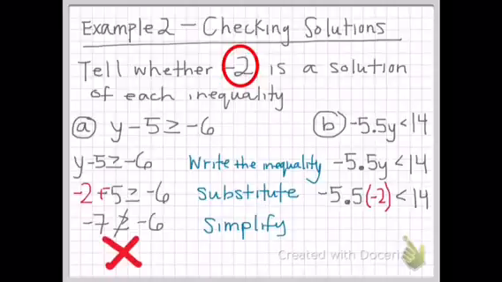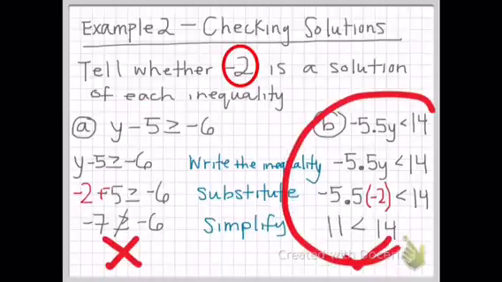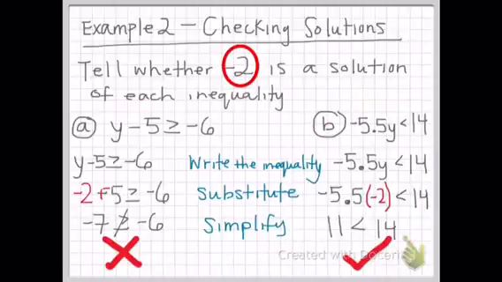Yikes. 11 is less than 14. Class, is that true? Yes, it is. So for A, negative 2 would not be a solution for that inequality over here. And for B, negative 2 would be a solution for that inequality.